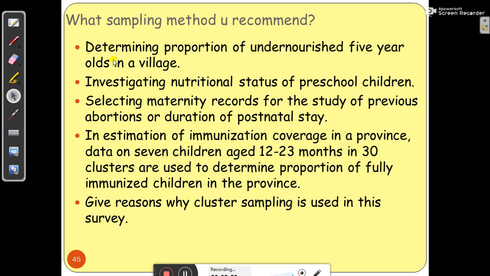Like in estimation of immunization coverage in a province, data on 7 children aged 12 to 23 months in 30 clusters are used to determine the proportion of fully immunized children in the province. Why in the last one can we go for cluster sampling? Because we are grouping and choosing 7 children from each group, like a cluster. Why are we doing this? Try to understand this and give some reasons. That is your homework.